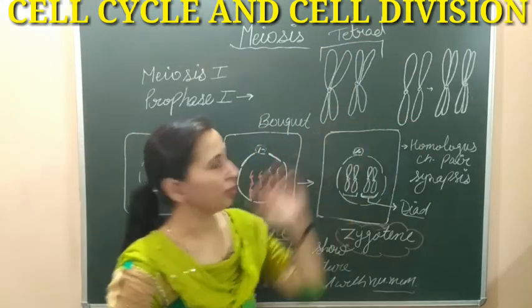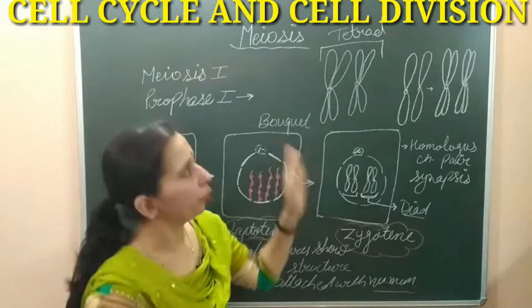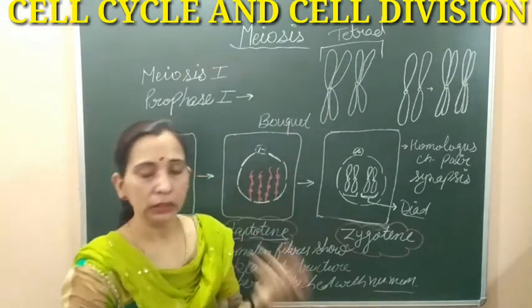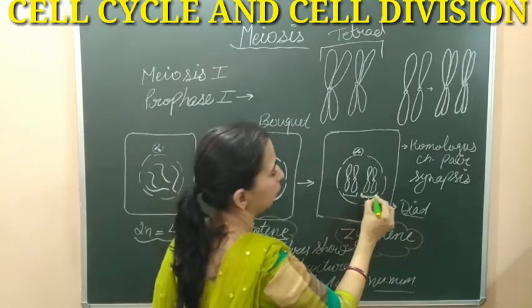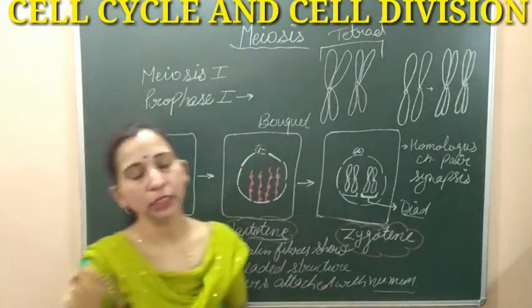So later on, the tetrad will form, and then chromatids vertically get split. The tetrad will form, and here these homologous chromosomes make a pair. A dyad or bivalent is formed.